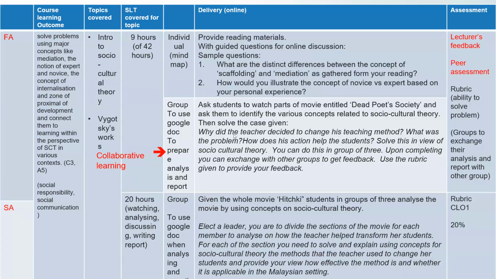The case asks the students why the teacher decided to change his teaching method, what the problem was, and how this action helped the students. So they try to relate whatever is happening in the movie by connecting it to sociocultural theory. This was group work, and once they completed it, they were asked to exchange with the other group members.